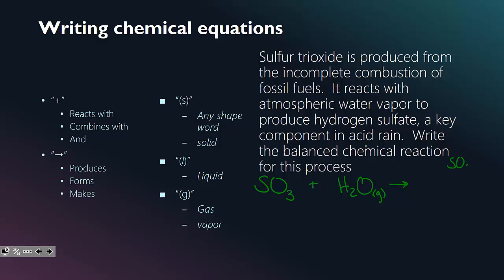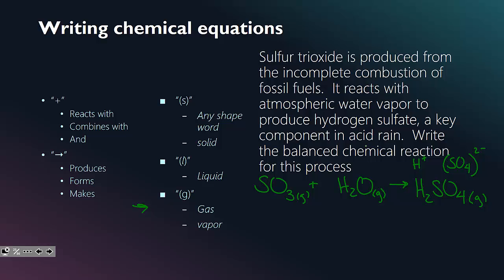Sulfate is SO4 with 2 extra electrons, and hydrogen is a group 1 metal, so that would be H2SO4. And since it's a key component of acid rain, this is probably a gas as well. In fact, this whole reaction probably takes place in the gas phase.